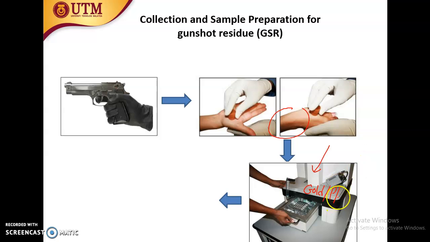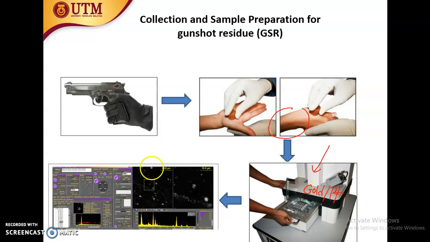So you can imagine that one sample analysis is expensive. One sample analysis can give you the inorganic elements as well as the photograph. That's the best thing about this. You can get a photograph. And in UTM, one sample is, I think, around 150 ringgit or 300 ringgit per sample because of the coating.